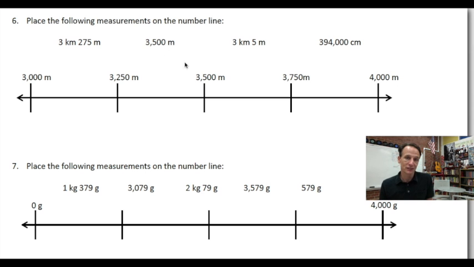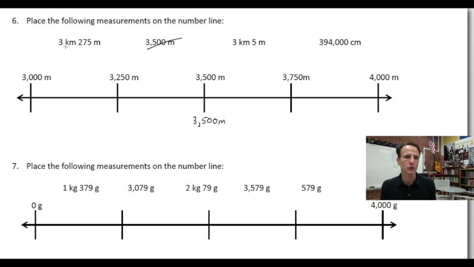In fact, let's just go ahead and place that, because we see 3,500 meters is already a mark on our line. So I'm going to write the ones I'm placing on the bottom. So that's 3,500 meters. Boy, they gave us a softball there. That one's done. Now with the other ones, we need to put them into just meters so that we can effectively place them.